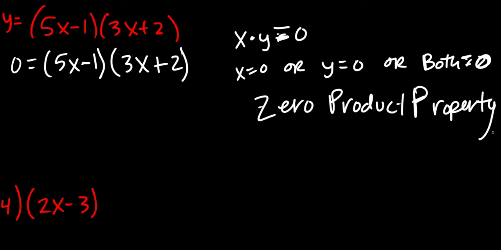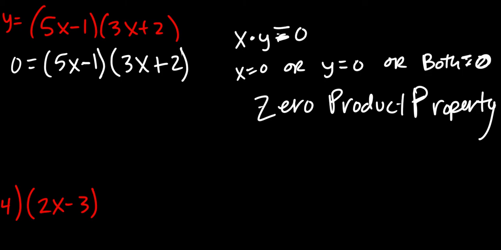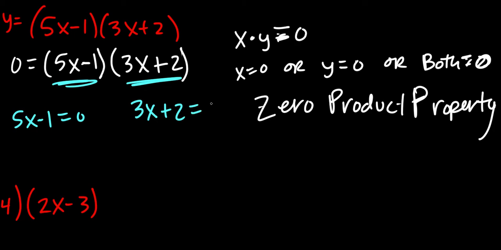You don't really need to remember the name, but we're just going to take each of these pieces and set them equal to 0. So we say 5x minus 1 equals 0, and 3x plus 2 equals 0, because either of them could equal 0 to make it true.